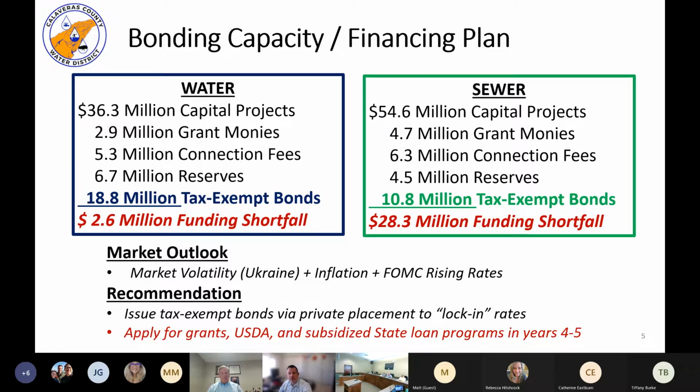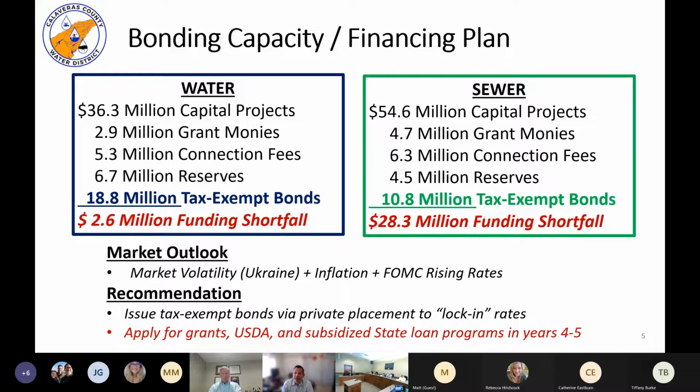So we started this process several months ago, and as Michael stated, we had a larger capital project. In reality, what we're looking at is a 1 to 3 year window, and in years 4 and 5 there are still additional projects that we're looking at. So really, that $90.1 million that you saw before on the prior page, if we start with that number, then we worked with the team looking at grant monies that were available, connection fees that you'll have due to growth, and your existing reserves.